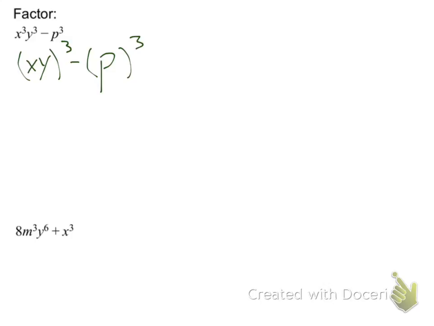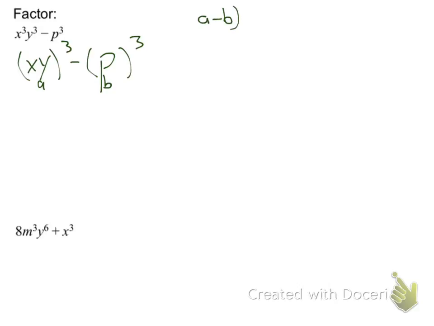We now know A and B. And when we know A and B, we can plug them into our appropriate formula. Which one, see if you guys can do it without looking back, which one is the appropriate formula?